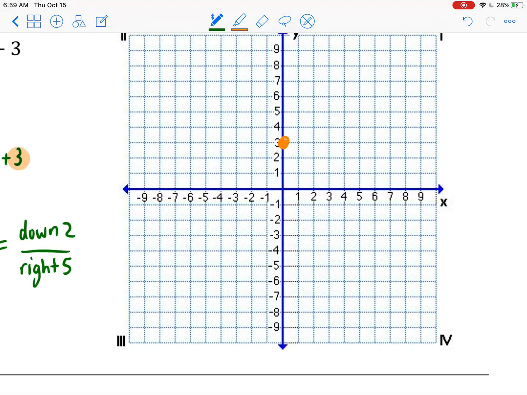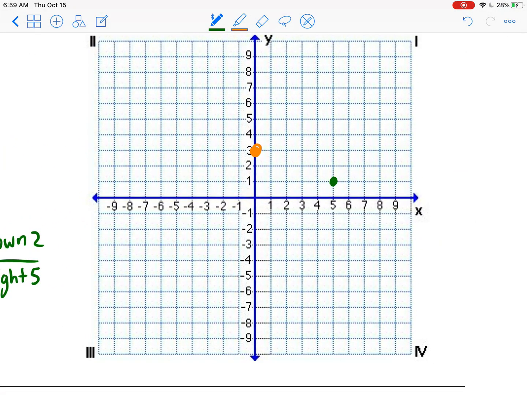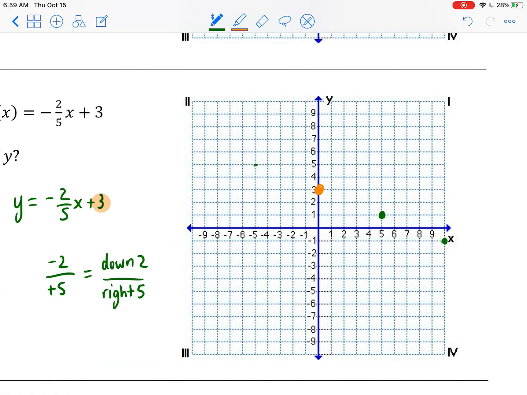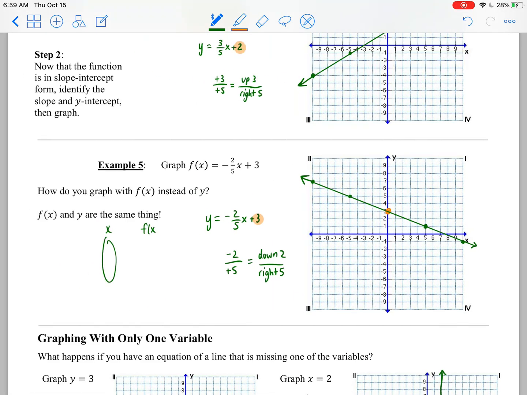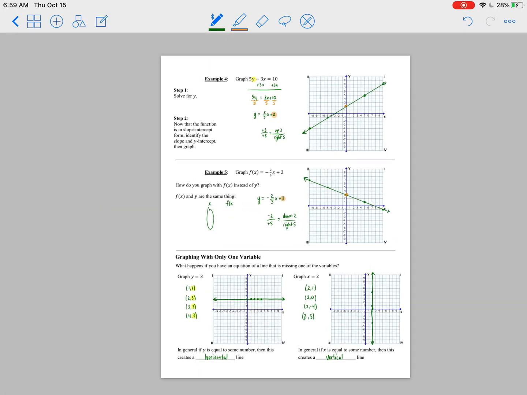Down 2, right 5. Up 2, left 5. And then up 2, left 5. Okay, so that would be your line there. All right, let me know if you guys have any questions.